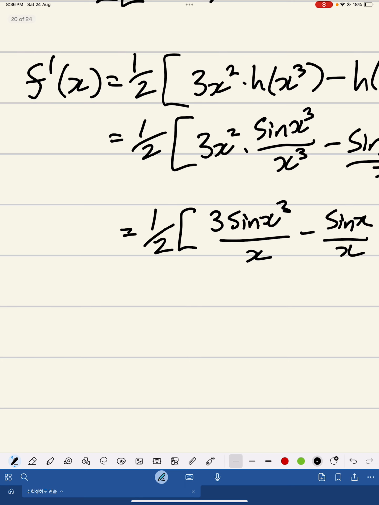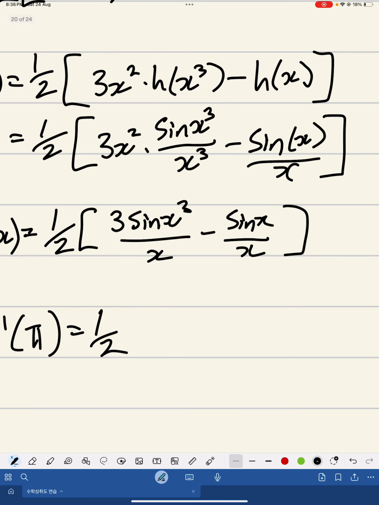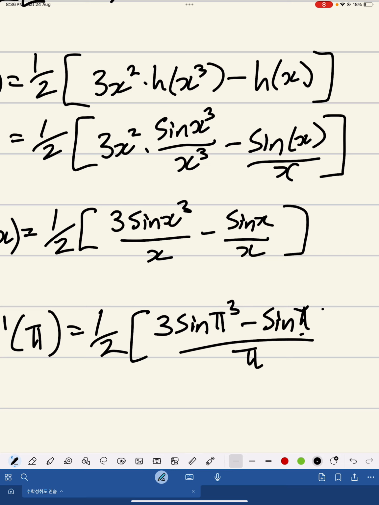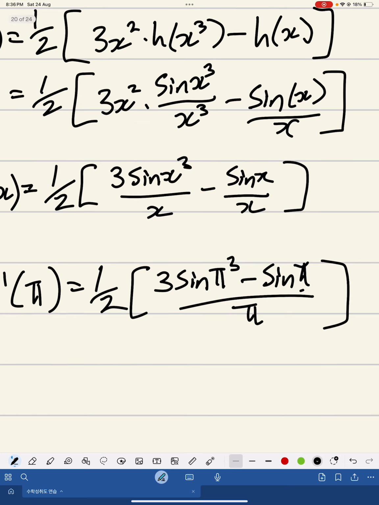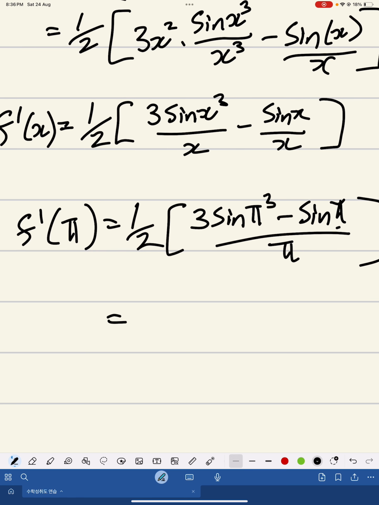And this is f prime of x. So f prime of pi would be 1/2 of 3 sine pi cubed minus sine pi, all over pi, right? But sine pi is 0, therefore our f prime of pi value just comes out to be 3 times sine of pi cubed over 2 pi.